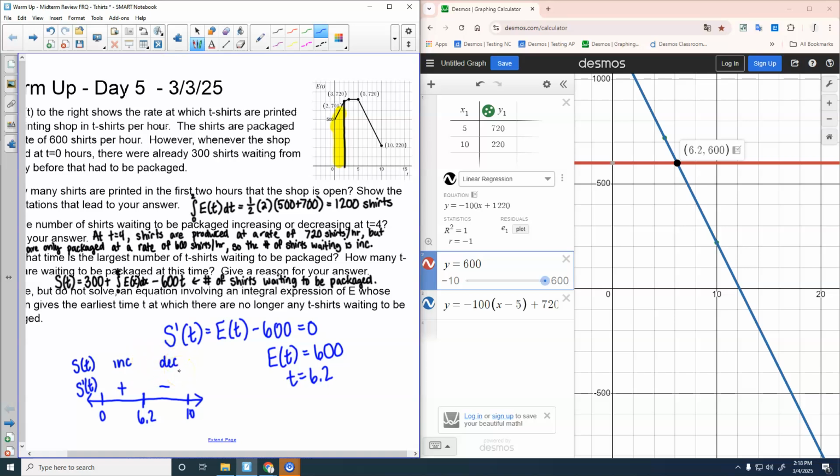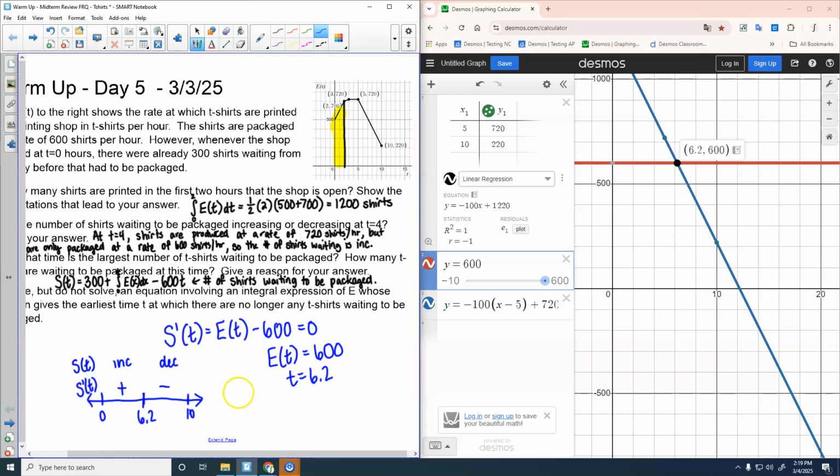So this question is asking for the absolute maximum. The absolute maximum, where does it have to be? It has to be 6.2 because your graph increases and then it decreases. If it increased and then decreased and then went back up, then we'd have to check some more stuff.